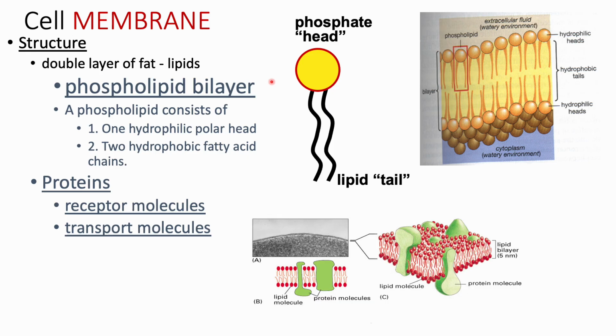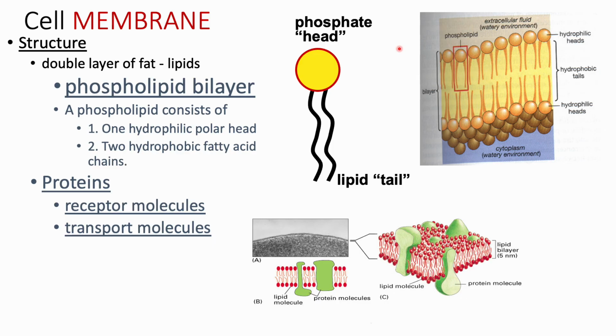That phospholipid is going to consist of your phosphate head. We call this the head, which is a hydrophilic polar head, meaning it likes water. And then it contains two fatty acid chains, which we call the tails. They are hydrophobic, meaning they do not like water.